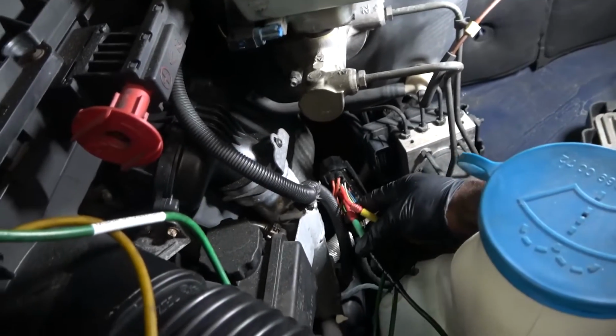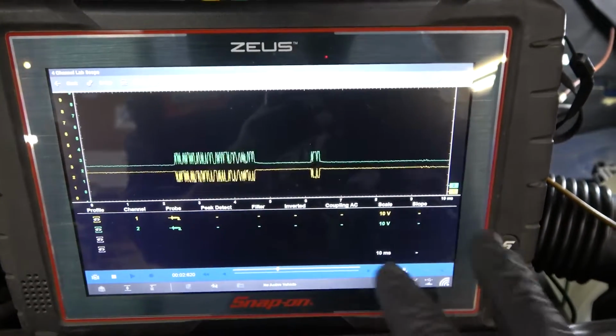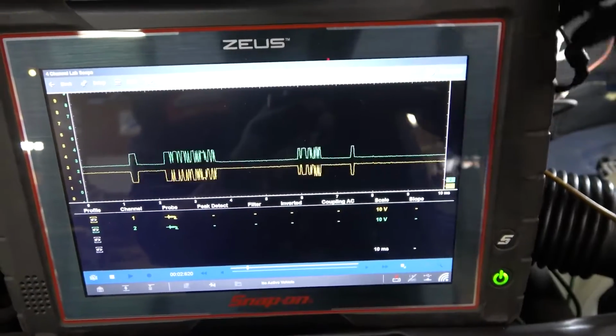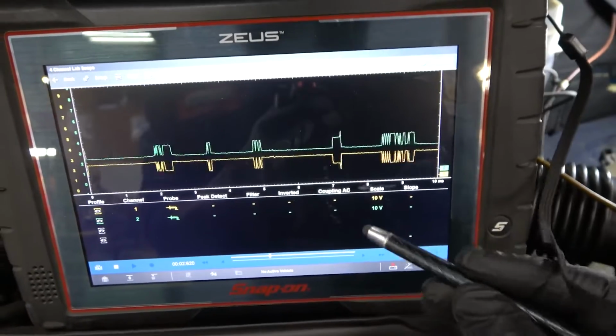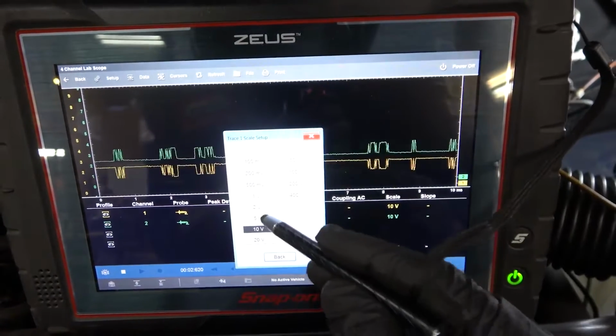Okay, so the unit is unplugged, and these messages are coming from the other modules on the network. So let me decrease our voltage scale here so we can see more detail.